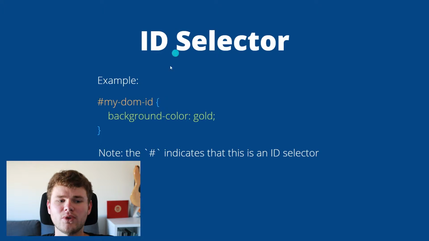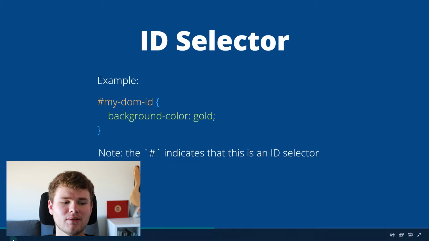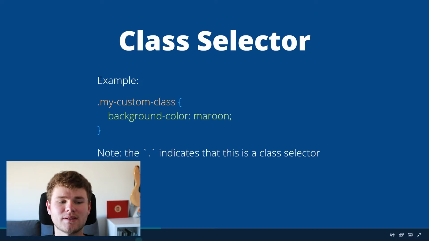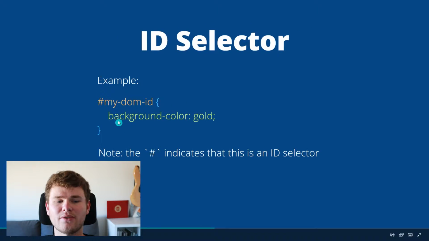And in this case, if we add this ID to the same button that had our custom class, my custom class, in the end, even though we have three selectors trying to style the same property, since the ID is very specific, each DOM element has a unique ID, or should have a unique ID anyway.